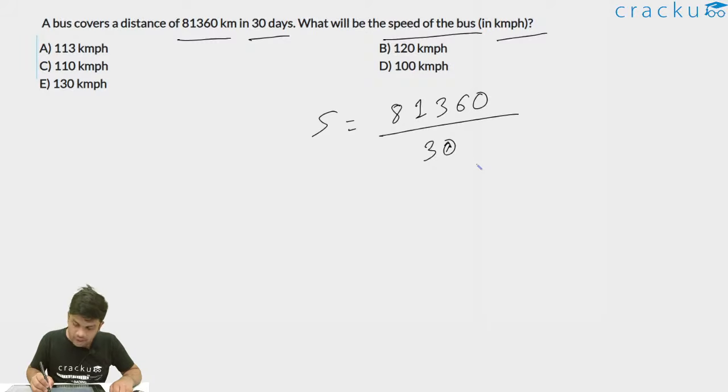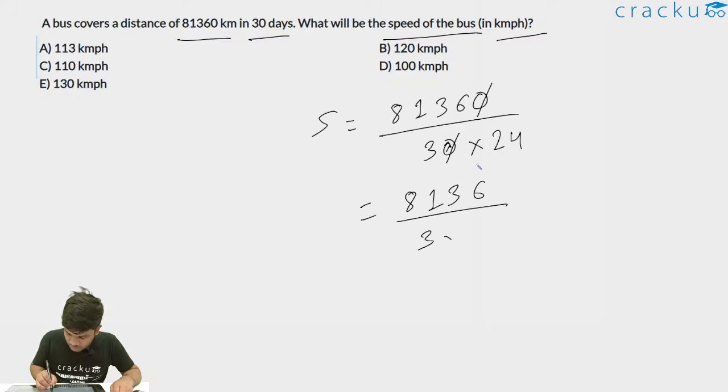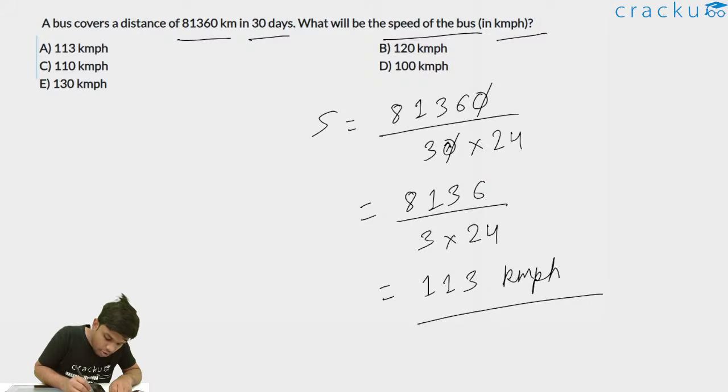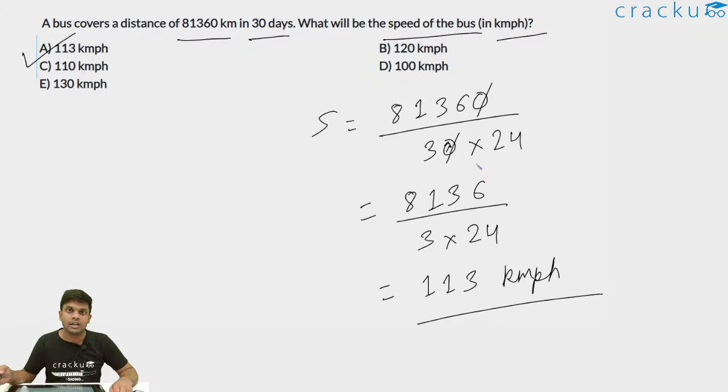To convert it into hours, we have to multiply the number of days by 24, because in one day there are 24 hours. So it will be 3 into 24. 0 and 0 will cancel out. You will get 8136 divided by 3 into 24. When you calculate it, you will get the speed as 113 kilometers per hour. So the answer is option A, which is 113 kilometers per hour.